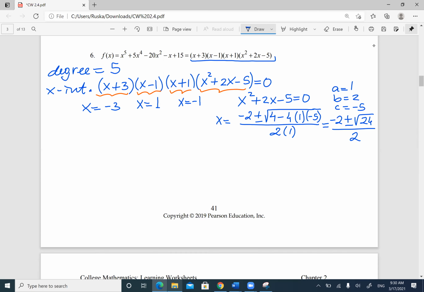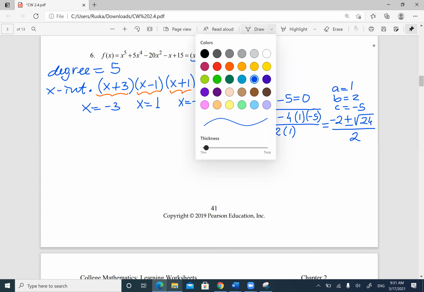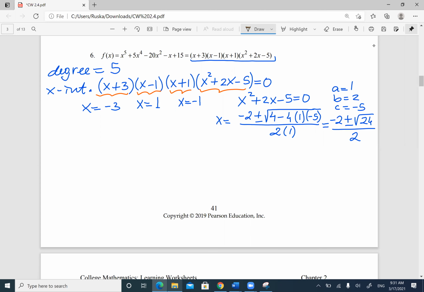Now the square root of 24 is not a perfect square, right? So in order to simplify this, we're going to break down 24. What is it? 6 times 4 is 24, right? So I'm going to write it here: 24 is 4 times 6.